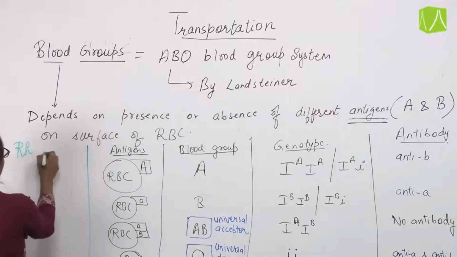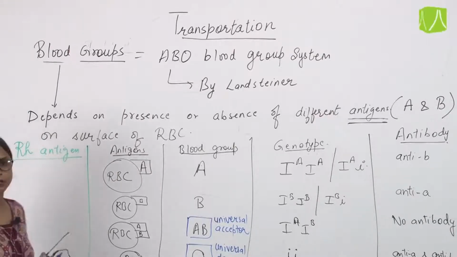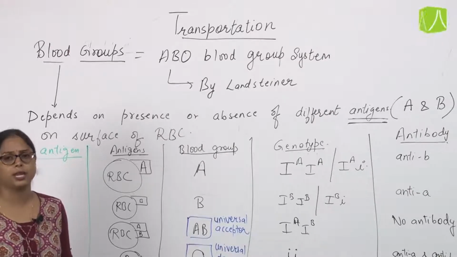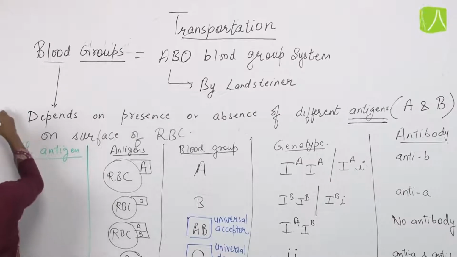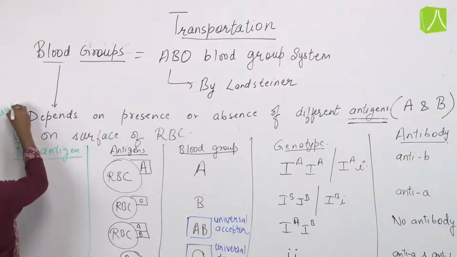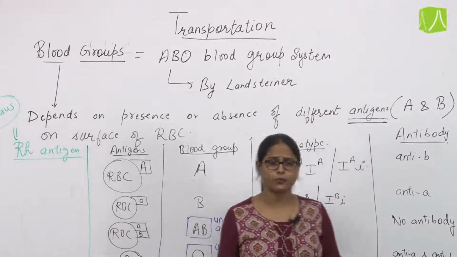We have another antigen present on the surface of RBC, that is the rhesus antigen, RH. The full form of RH is rhesus. This antigen originated from our ancestor, the rhesus monkey.